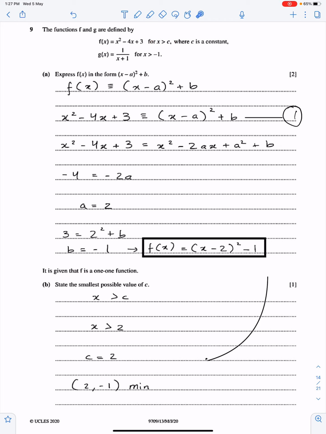So according to this domain, this is the rough sketch. This one is the rough sketch of this function with turning point 2 comma minus 1. So the domain of this function is greater than 2. By comparing this with the given domain, we can get the value of c. C is 2.